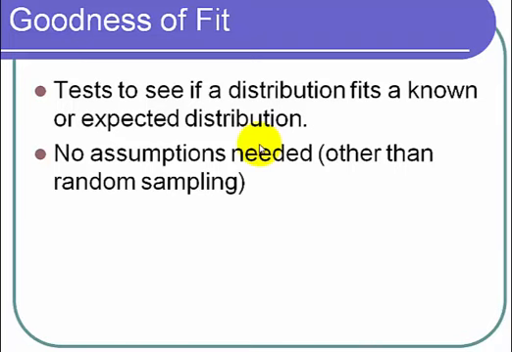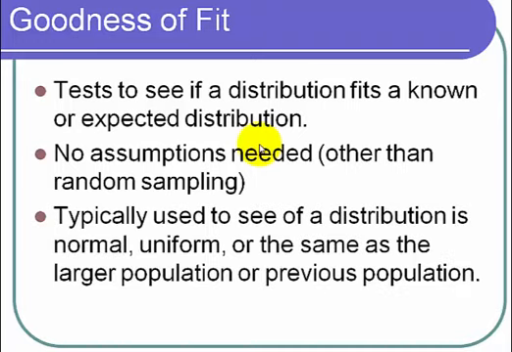Some people use 10, but 5 is often good enough. So again, we use the goodness of fit test to see if a distribution is normal, or maybe to see if it's uniform, or does it fit some population that we know about from, say, Census Bureau, or maybe past experience that we know what the population should be.